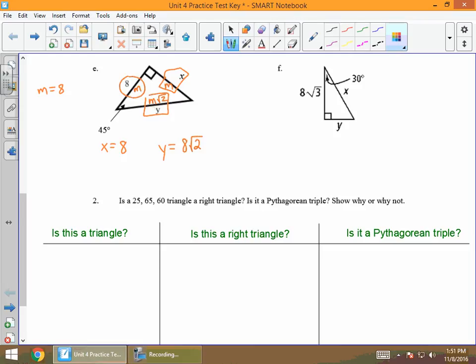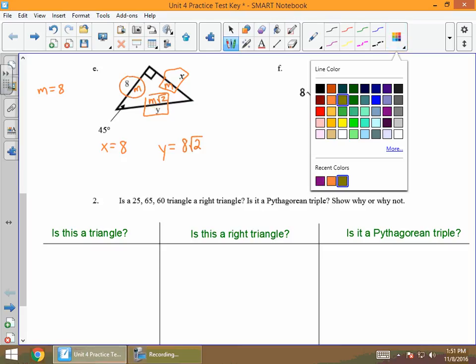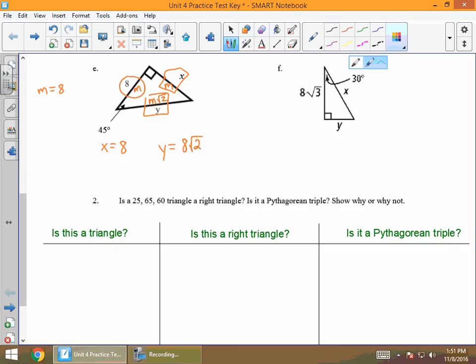Letter F, another 30, 60, 90. So across from 30 is m. This is m radical 3. That goes over here on this side. And the hypotenuse is 2m.